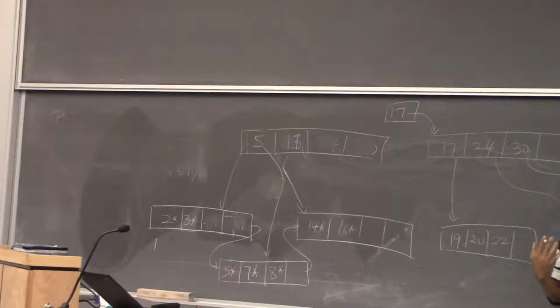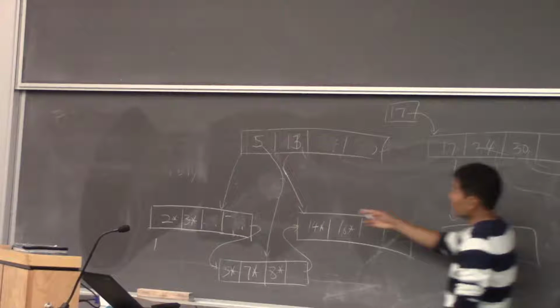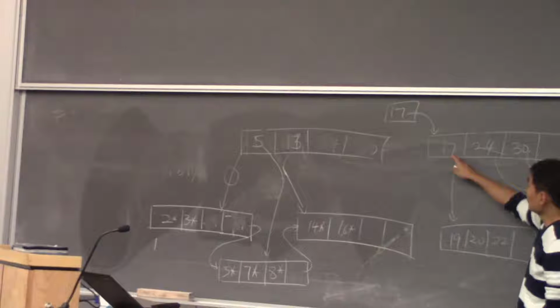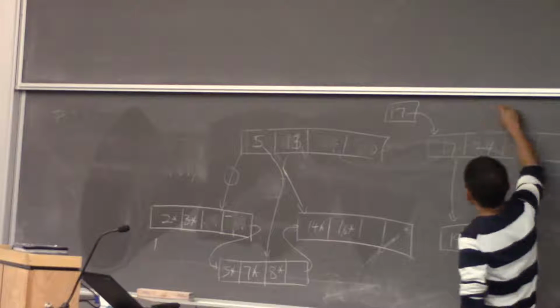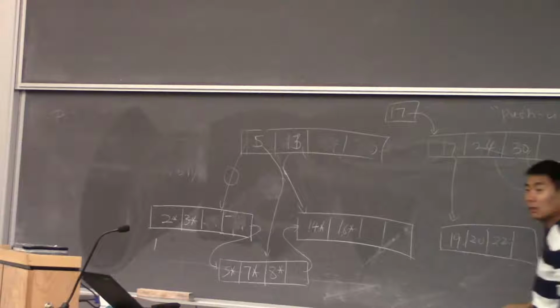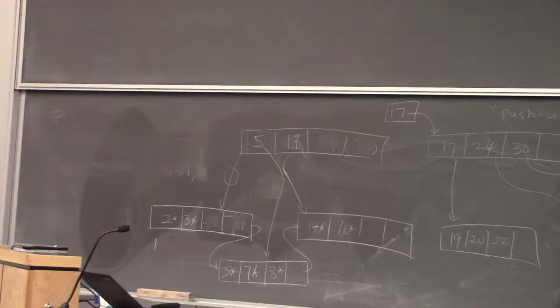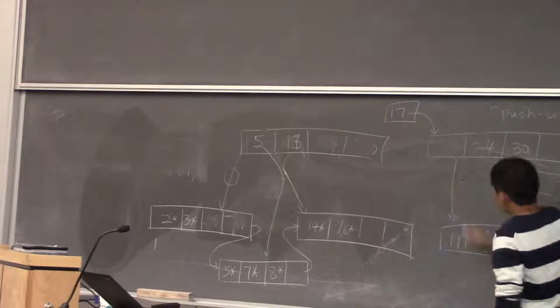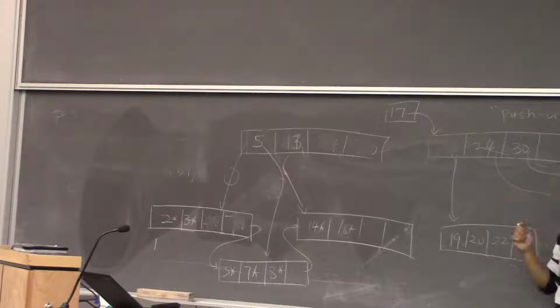But since it is index level, there's a special thing about index nodes, which is the leftmost pointer. For that reason, you do not copy up, rather you push up the key value of the first entry after the split.